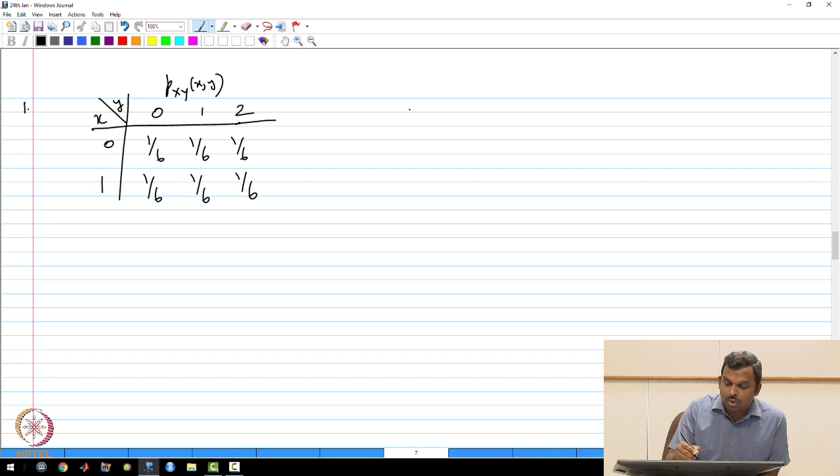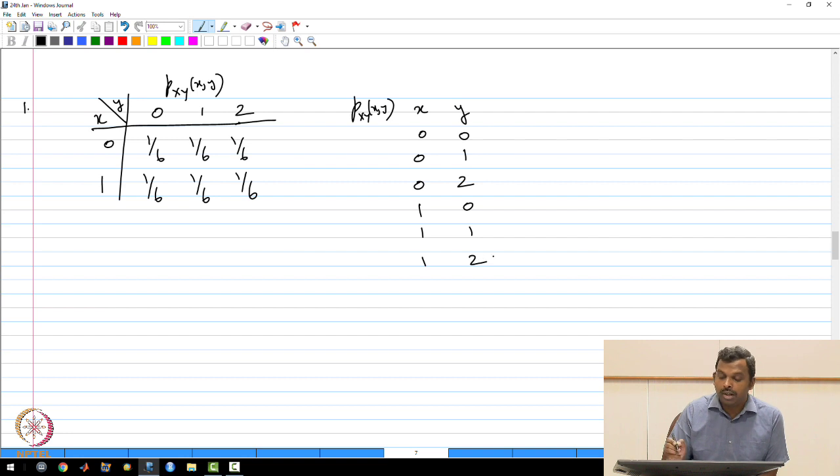So let's do that. Okay, so you have x here, y here, and then it's convenient to write pxy of x comma y in this fashion. So x could be 0, y could be 0, 1, 2, or x could be 1 and then y could be 0, right?